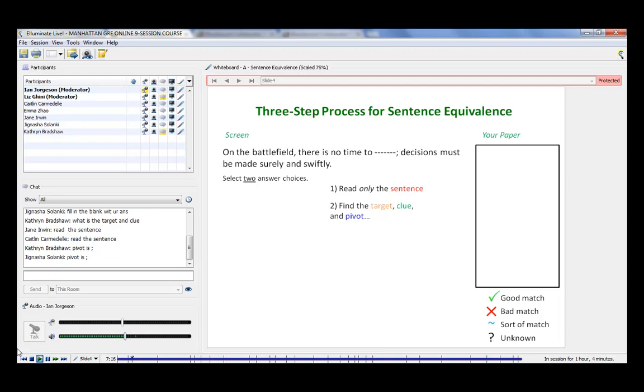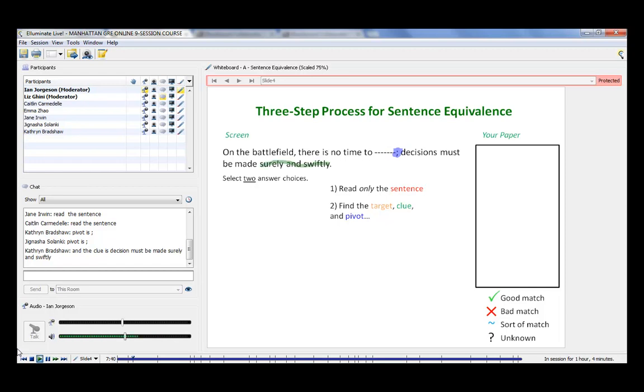That little semicolon there is pretty important, right? It tells me that the second half of the sentence is linked to the first half of the sentence. And in this case, without a word like however, not, right, any of those sorts of things, I'm thinking it's in the same direction. And Catherine's also giving me the clue, the decision must be made surely and swiftly.